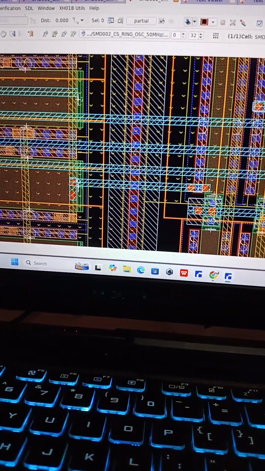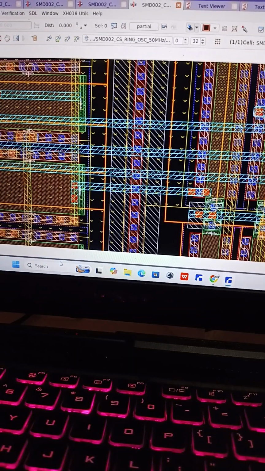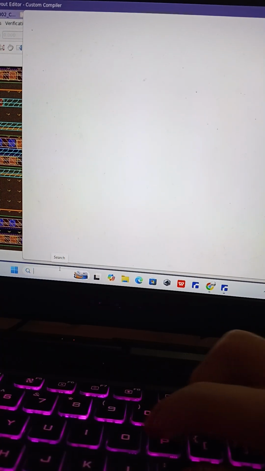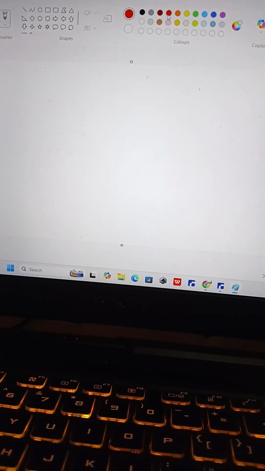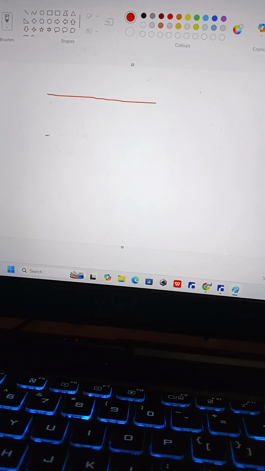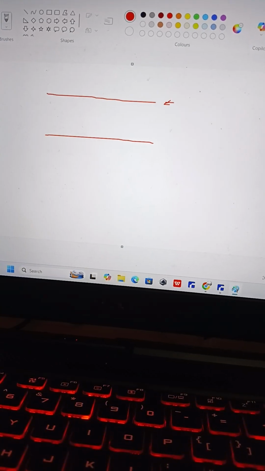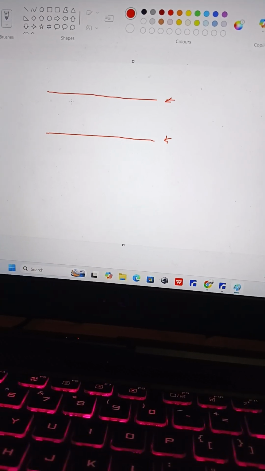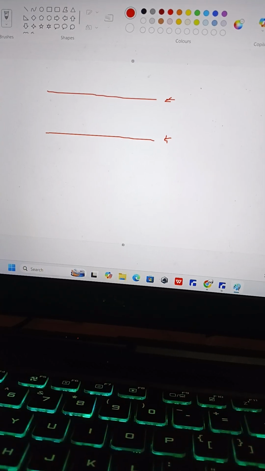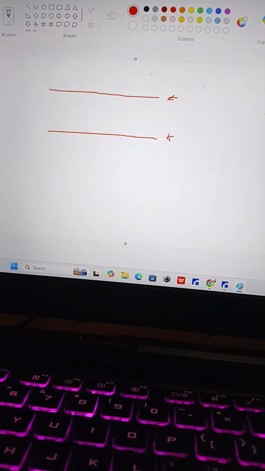And what about the parasitic capacitance? You remember what capacitance is? Let me draw something in Paint. So what is capacitance actually? When you have two parallel plates, and this is conductor, metal and metal, and there is a current flow, this metal will act like a capacitor.